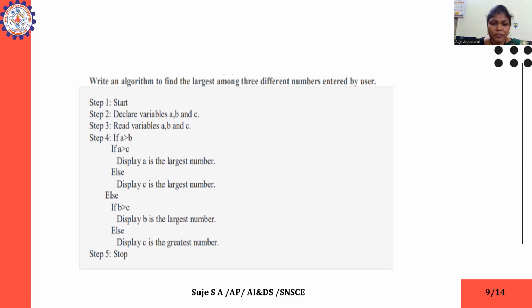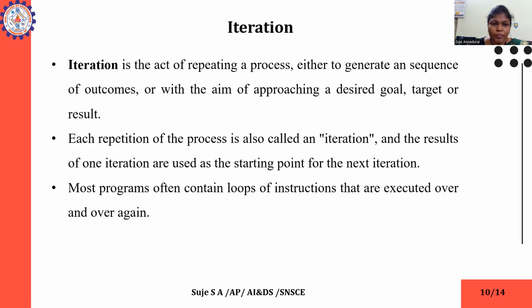And inside the if-else condition, we are giving the relational operator between the operands A, B, and C. If A is greater than B and A is greater than C, display A is the largest number, else in the else case, if B is greater than C, display B is the largest number, else display C is the greatest number. Next, step 5 is the stop.